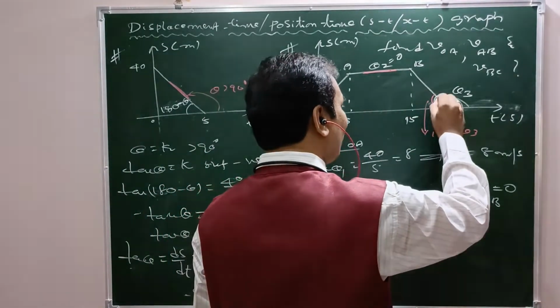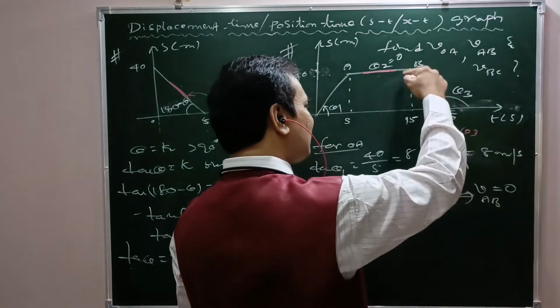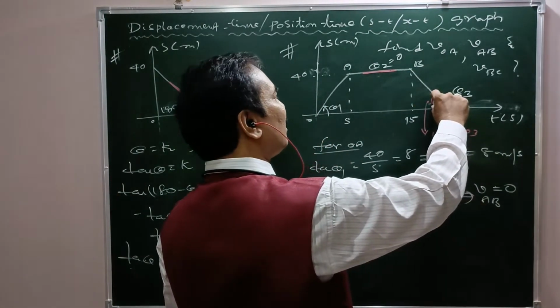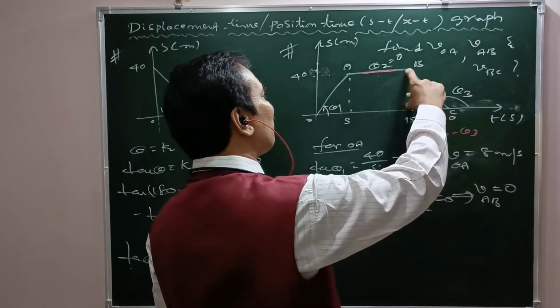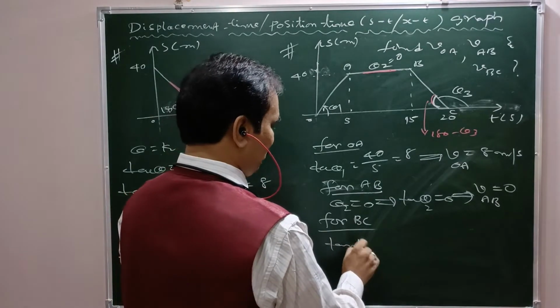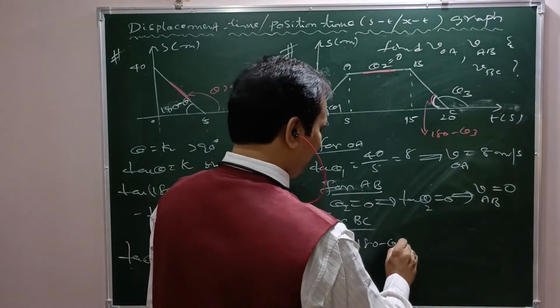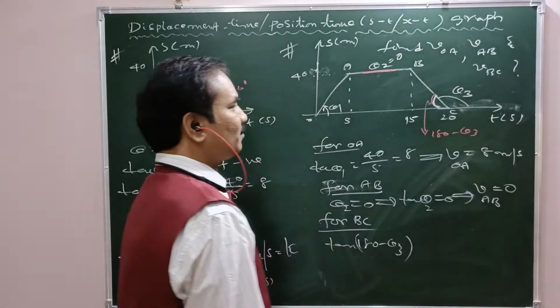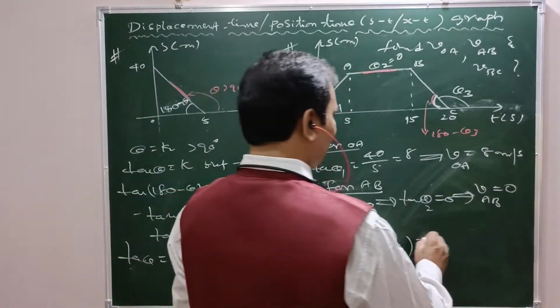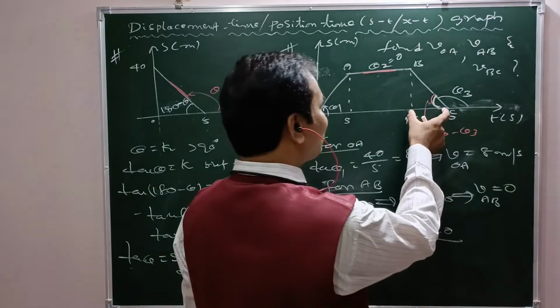See this right angle triangle? Tan of 180 minus theta 3 equals opposite side by adjacent side. What is the opposite side? That is 40. So tan 180 minus theta 3 equals 40 by adjacent side.